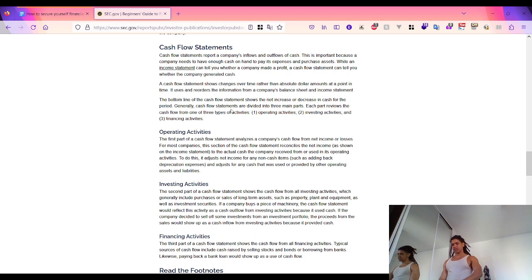Generally, cash flow statements are divided into three main parts. Each part reviews the cash flow from one of the three types of activity: operating activities, investing activities, and financing activities.